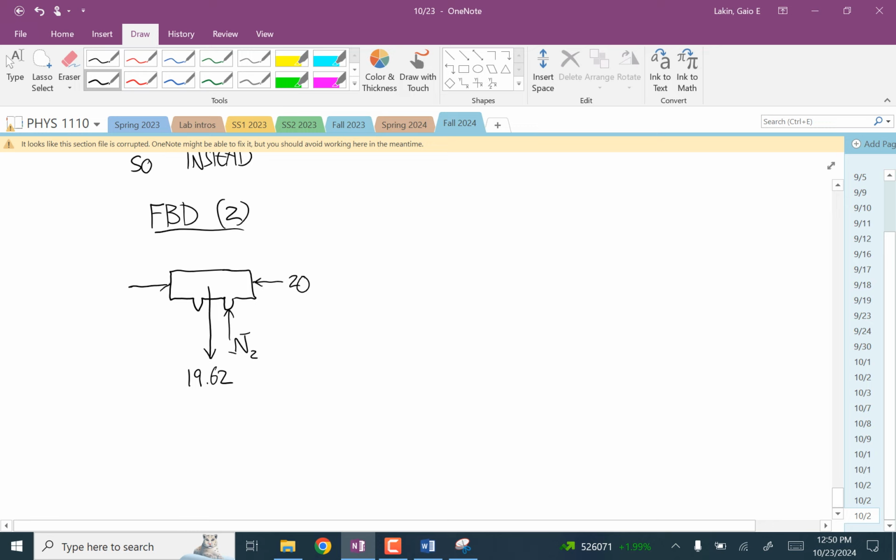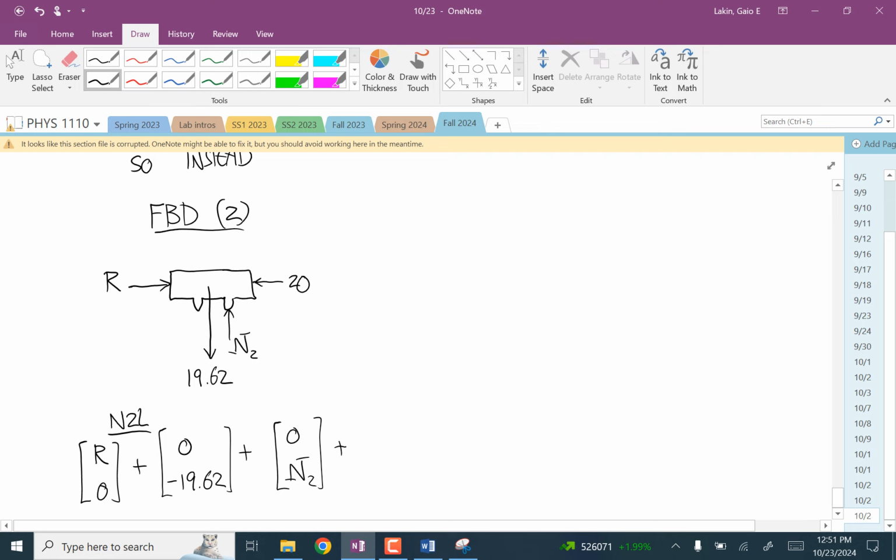And then there's this force here that I'll call R. And Newton's second law says R, 0 plus 0, negative 19.62 plus 0 N2 plus negative 20, 0 is equal to the mass times the acceleration that we figured out, negative 1.3 repeating, 0.